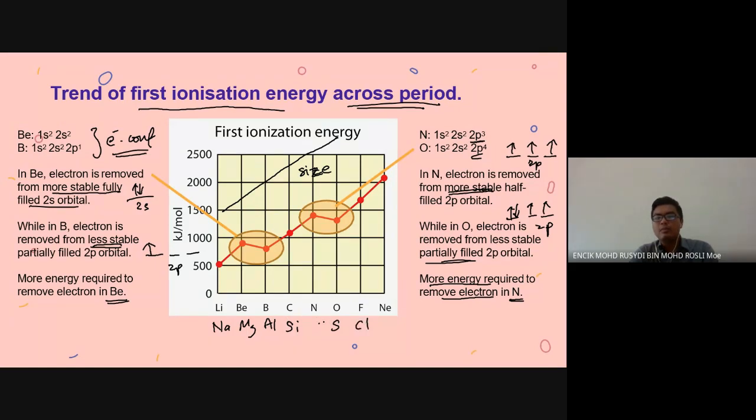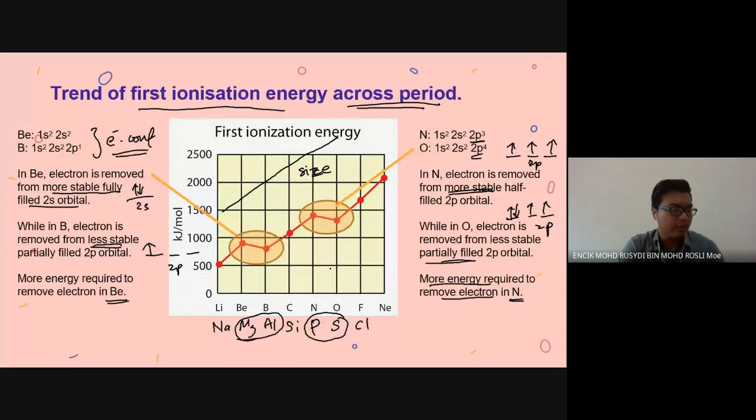It's actually the same sahaja. Okay. Oh sorry, phosphorus kat sini. Yep. So between magnesium and aluminium, trend dia sama juga macam ni. Between phosphorus and sulfur pun sama juga macam ini. Okay, so for period 2 and period 3 you will have the same explanation. So anda boleh tengok yang ni sebagai summary anda lah nanti if you have to answer about this trend.